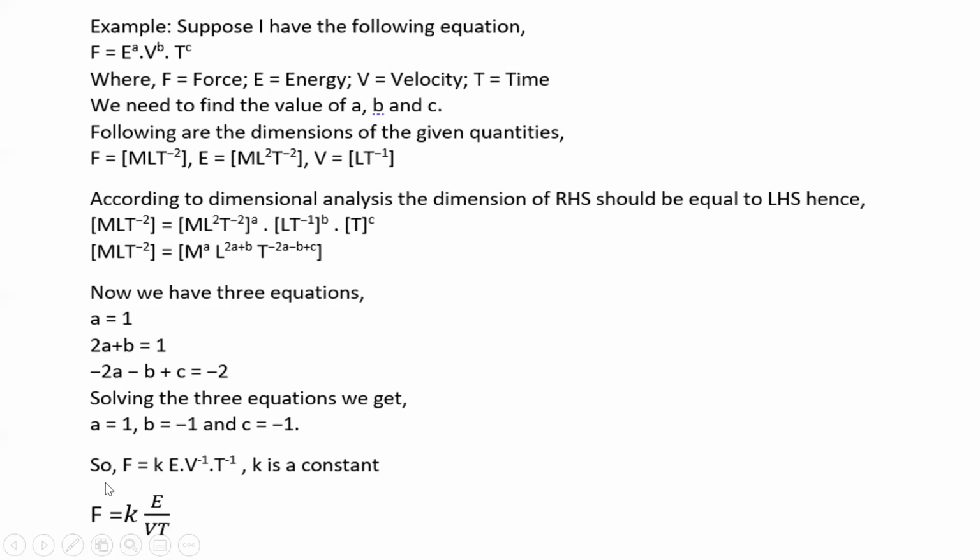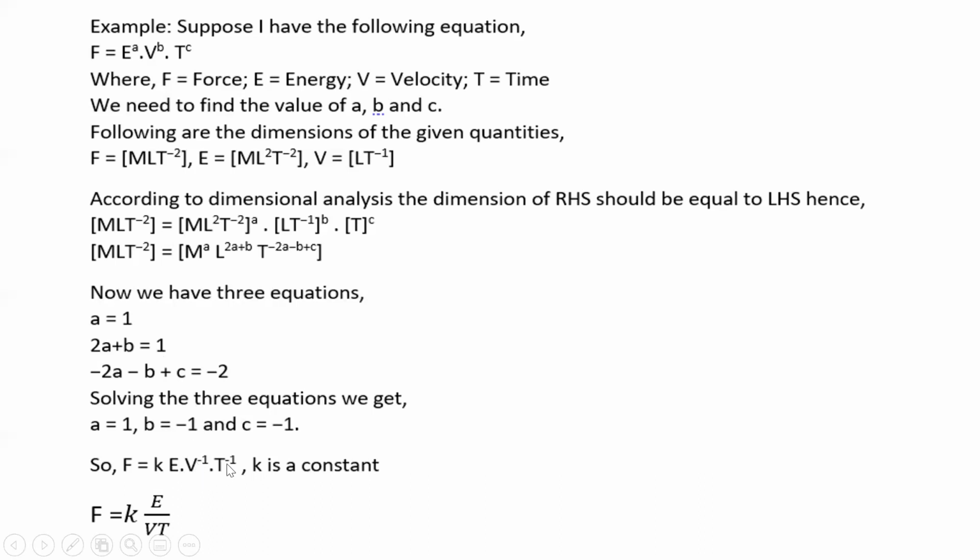So you got force F is equal to K. K is a constant. I told you we always put a constant because a constant doesn't have any dimension, so we don't know whether there is a constant in the equation. So we just put the constant K. It can be 1 or any value. So F is equal to K E raised to 1, A is 1, so E. V raised to minus 1 because b is minus 1.